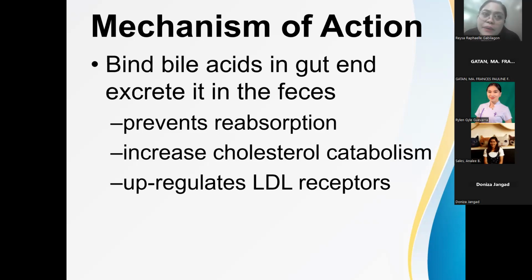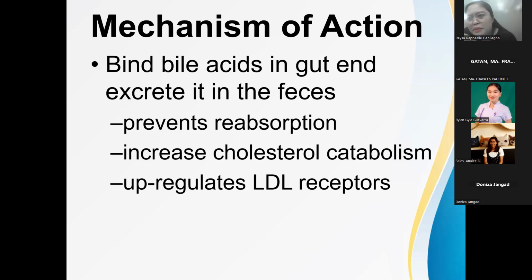Now, ang ginagawa ng mga bile acid sequestrants natin, from the name sequestrants, magbabind sila dun sa bile natin. And pag nagbind sila doon sa bile, ang mangyayari sa bile, ma-excrete siya, masasama siya sa stool natin.